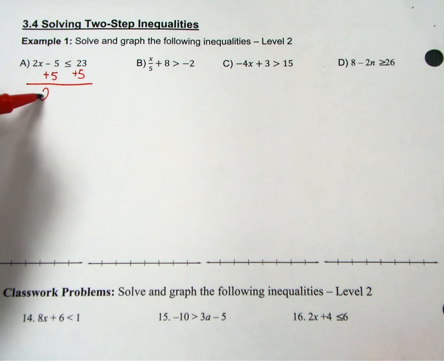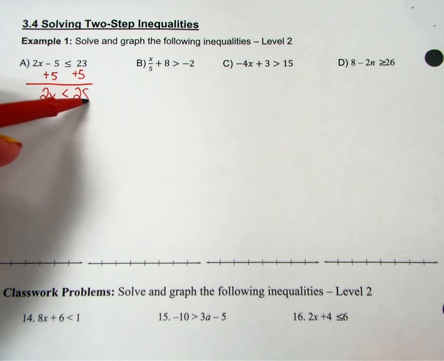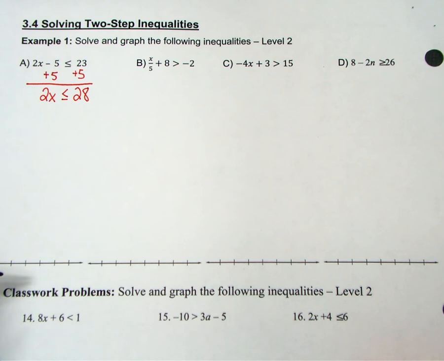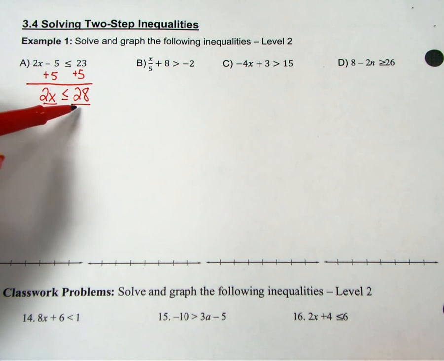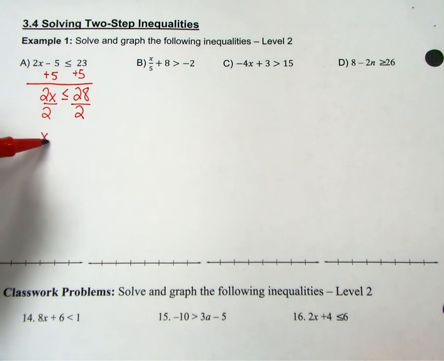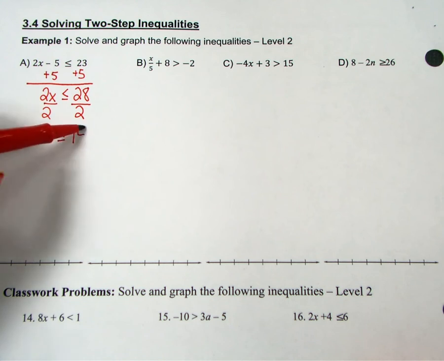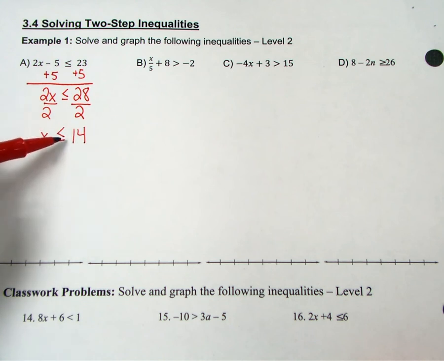That leaves me with 2x is less than or equal to 28. Next, I need to divide both sides by 2. So I have x is less than or equal to 14. I don't need to worry about flipping the inequality because I divided both sides by a +2.